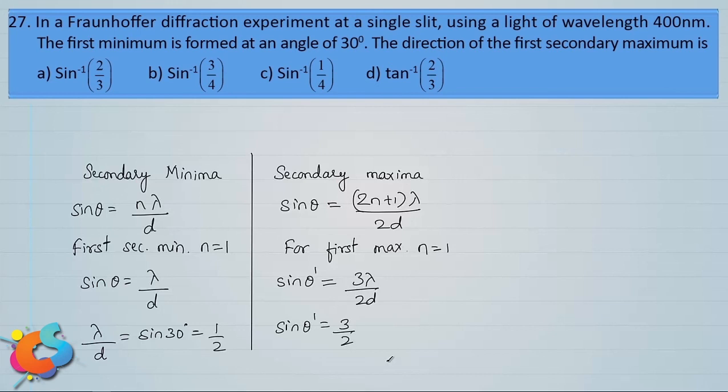What is lambda by d? Which is already found to be half. So this has to be multiplied by half, that gives you 3 by 4. So the value of sine theta dash is 3 by 4. So you'll find the value of theta dash, which is sine inverse of 3 by 4. This is the angular position of the first secondary maxima in the given experimental apparatus. Therefore, option B is the correct answer.